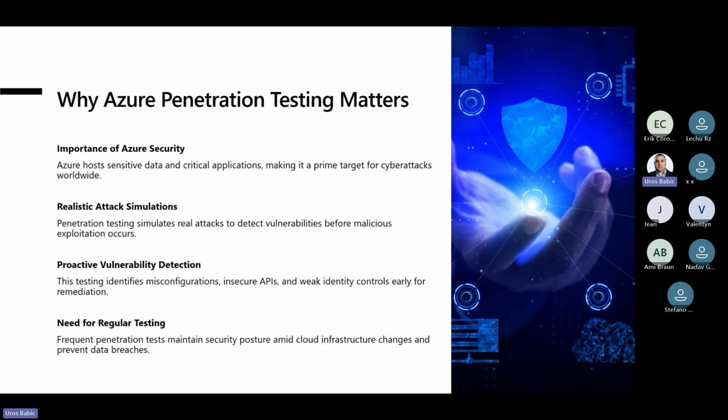But a security audit examines the policy and compliance requirements, without mimicking any live attack. Azure Pentesting is proactive, testing many defenses, testing security controls, and illustrating many real-world attacks. Frequent penetration tests maintain security posture as infrastructure changes and prevent data breaches.